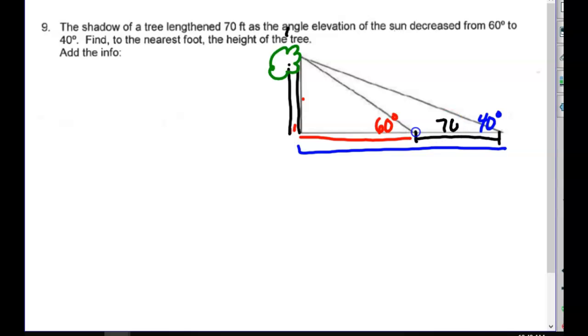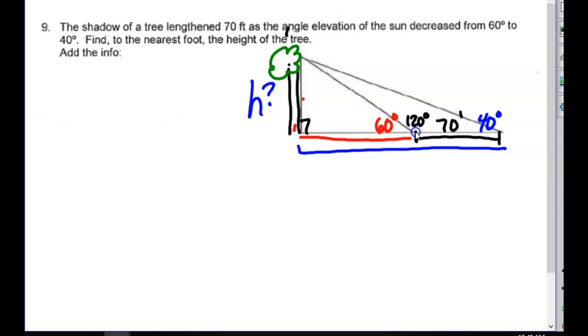Good job. Okay, now I think we need some geometry. Eventually we want the height of this tree, but I think we don't know any lengths in this little triangle yet. But what's some geometry you know that would help us with this weird little obtuse triangle over here? This is 90.